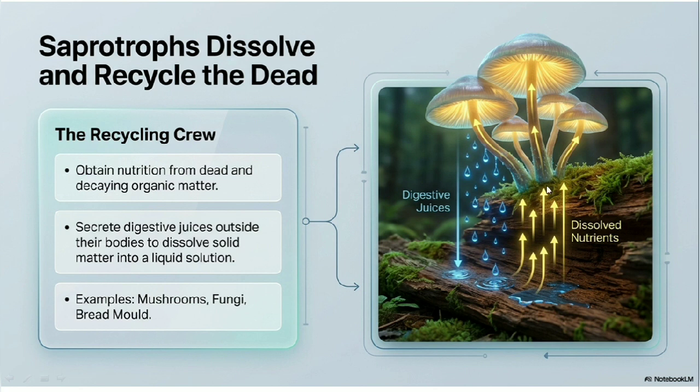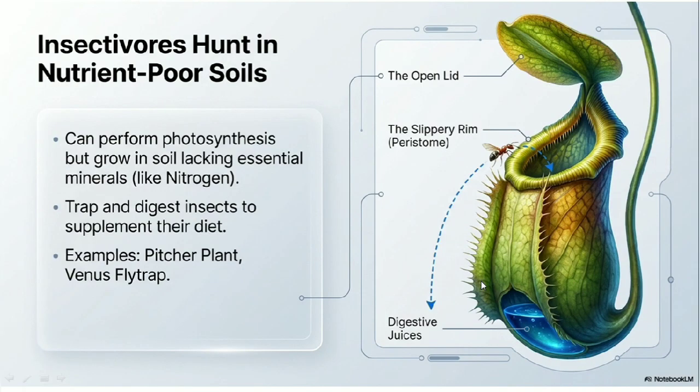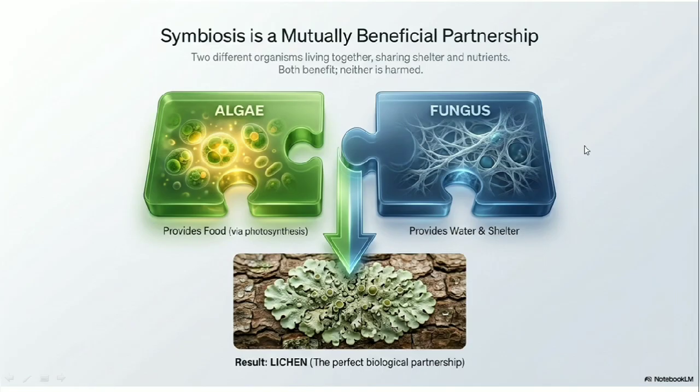In saprotrophs it is getting nutrients from dead or decaying organic matter, and in insectivorous plants it is trapping insects, so it is also ending one insect's life. But here no harm is done, so both are getting benefit in the same shelter, both getting nutrients.